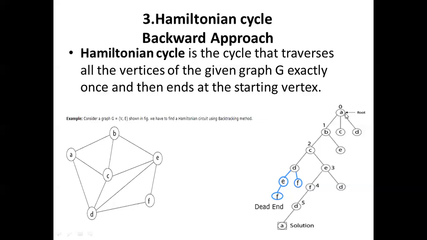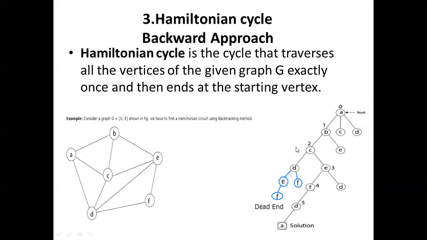We will say that it is the root node. You can see the number is 0. Next, from A, you have to see how many edges are going. There are 3 edges. Again, based upon the alphabetical order, you can write those 3: B, C, D. That will be better to do.